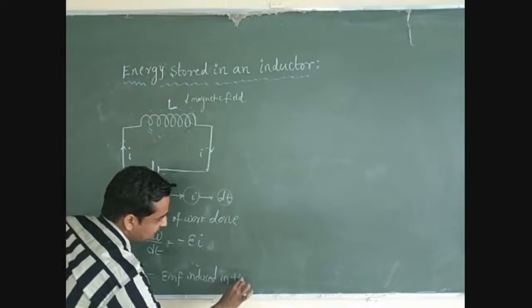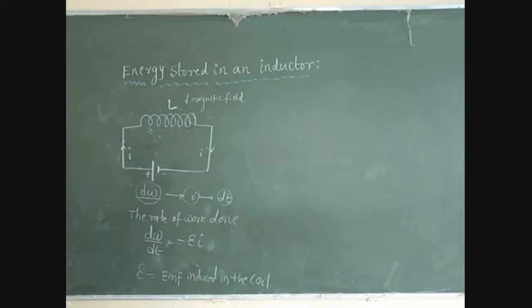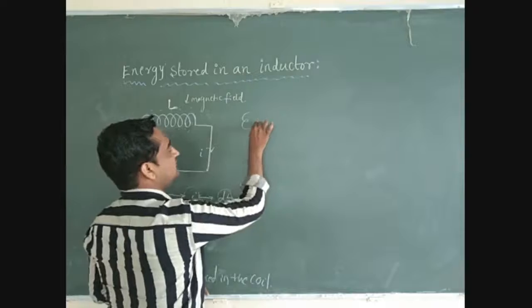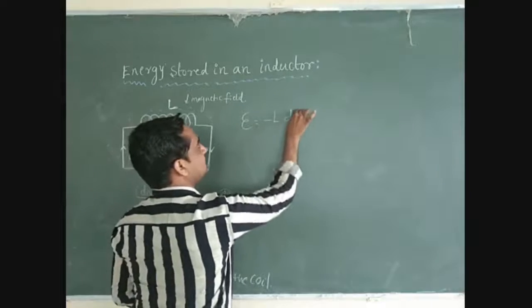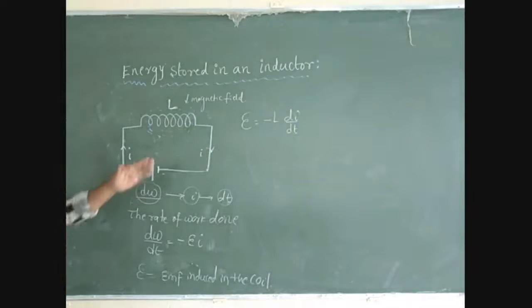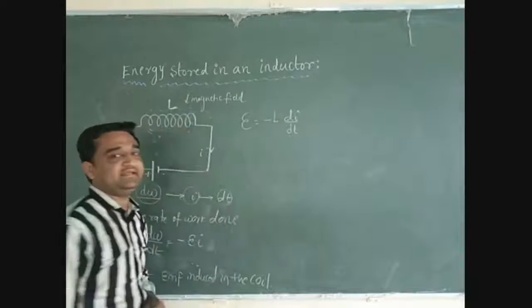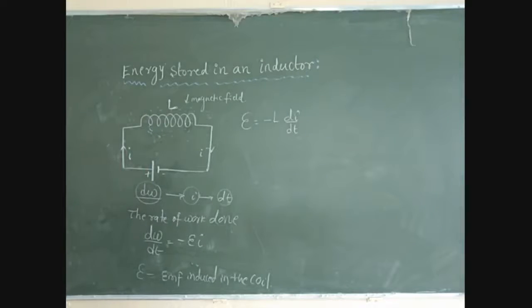This induced EMF is given by the expression E equal to minus L into di by dt, from the self induction of the coil.